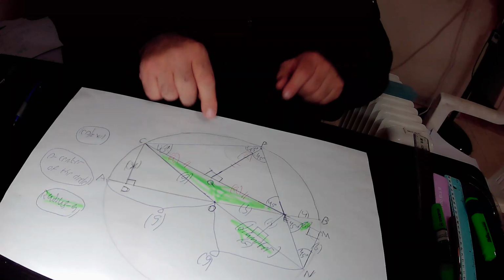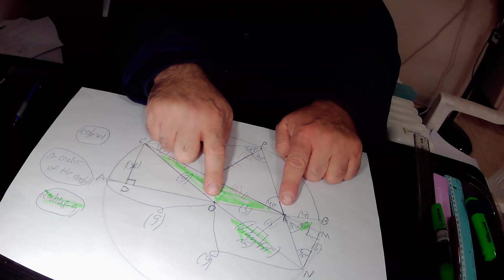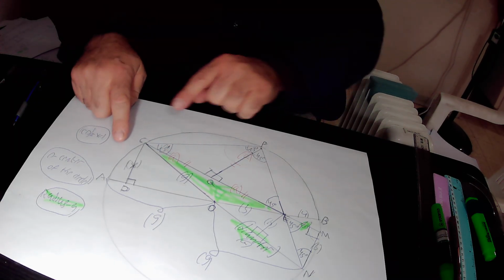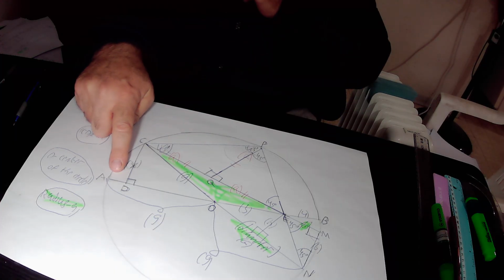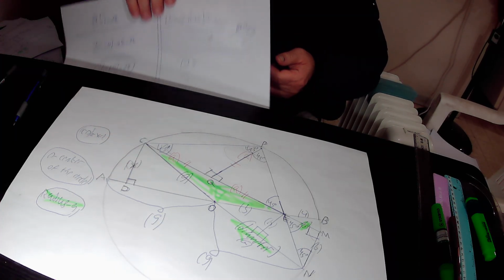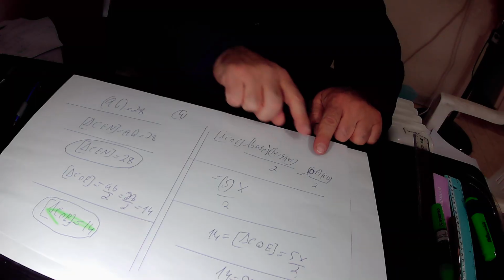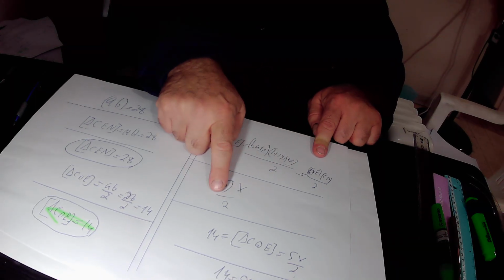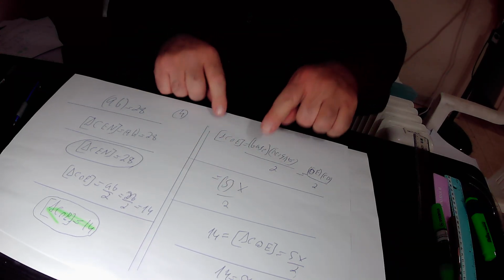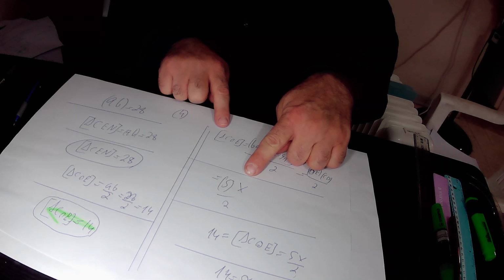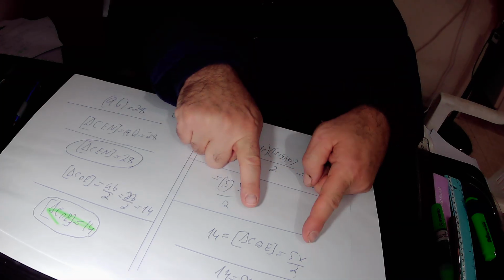OE equals 5 units according to what is given in the question. CD equals x, the line segment that we are looking for in this question. So the area of the green triangle COE equals 5x over 2.